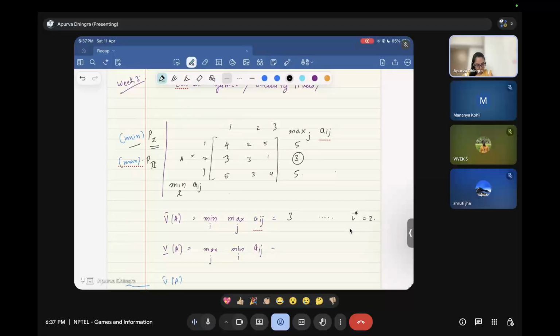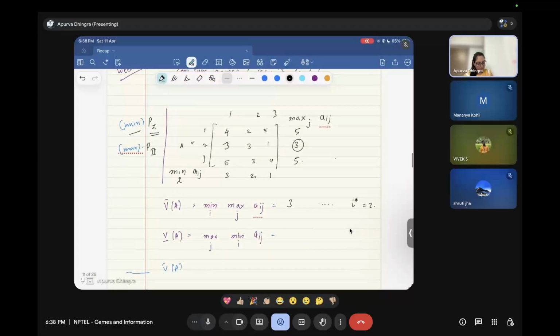For the first one he'll get 3, then 2, and last 1. Since he himself is maximizing, between these 3 he'll choose at least 3. So for him the security value would be 3, and the security level is which one? This one. 1. Yeah.